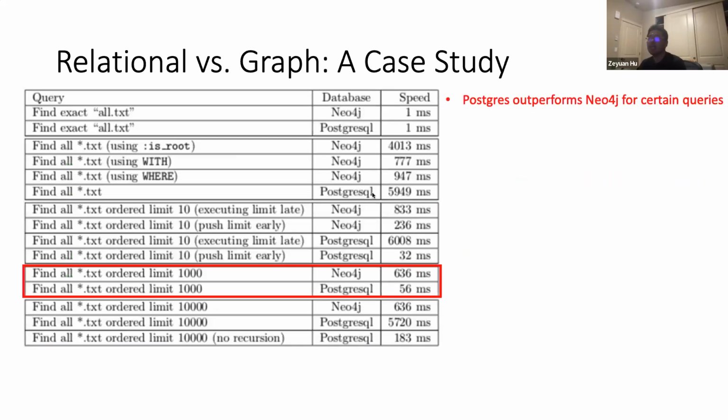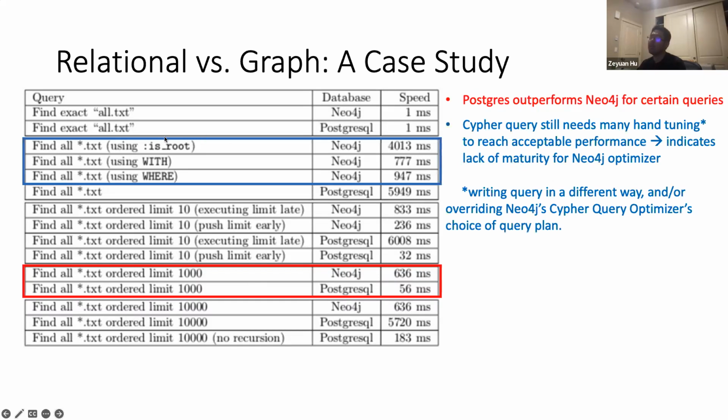As you can see, in some cases, surprisingly, the relational model works pretty well compared to the corresponding Neo4j version. In this case, we want to find all the txt files, limit by 1,000. The SQL query only takes 56 milliseconds, whereas the corresponding Cypher query takes around 600 milliseconds.